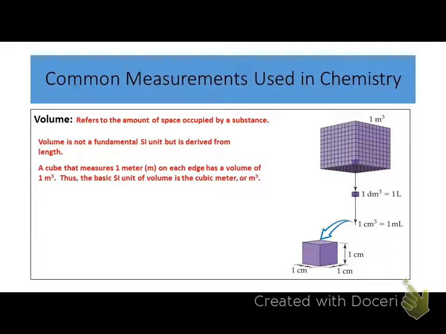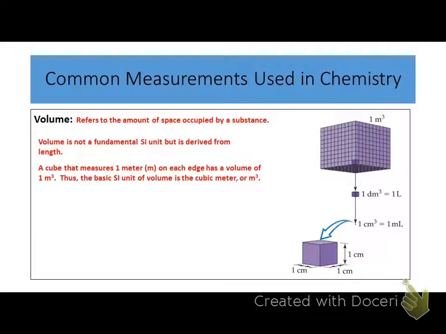So your body has mass, because you're made up of stuff, but you also have volume because you take up space. Now, what is the fundamental SI unit of volume? Well, there isn't one. So we have to derive it. And the way we derive volume is from the unit of length.